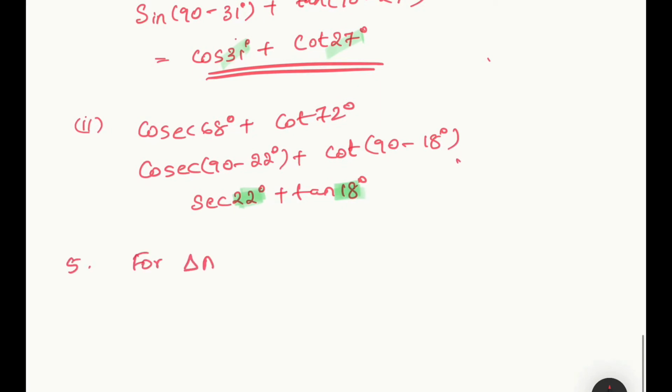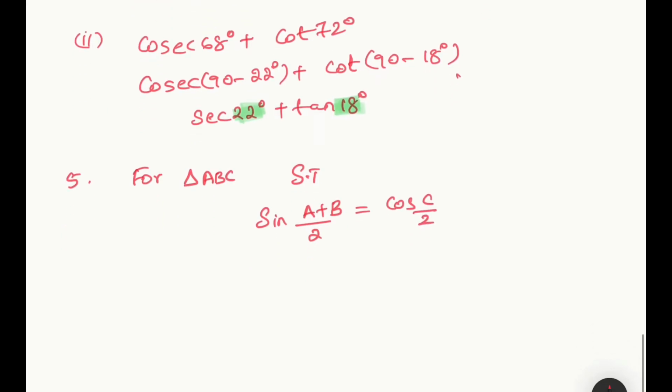For triangle ABC, show that sin((A plus B) by 2) equal to cos(C by 2). Okay. So, for this, I consider a triangle ABC.